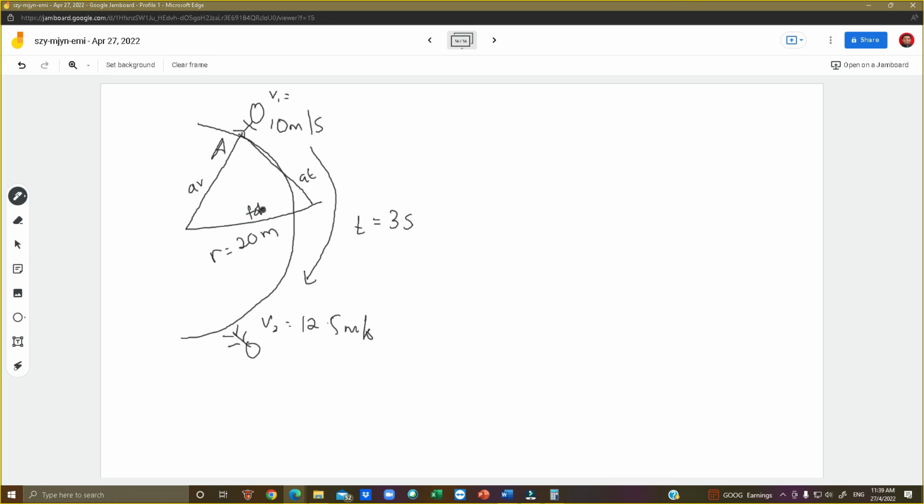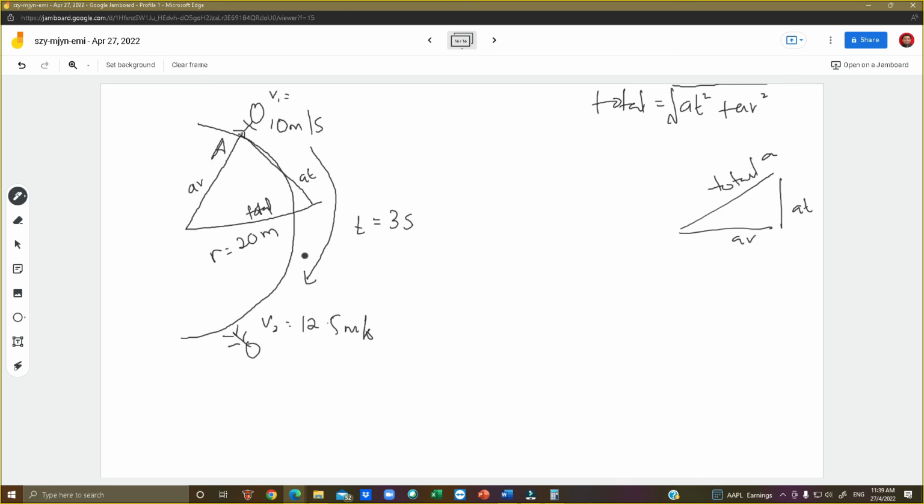Total. So total tu saya bagi tips je lah. Total equals to square root of AT square plus AR square. We have AR, we have AT, dia nak total acceleration. So they need to find out all of these three values.